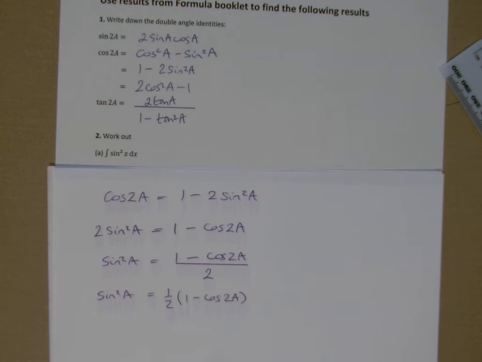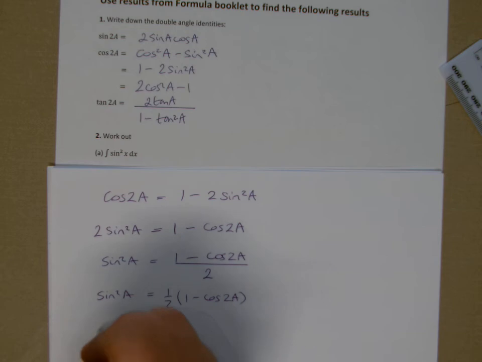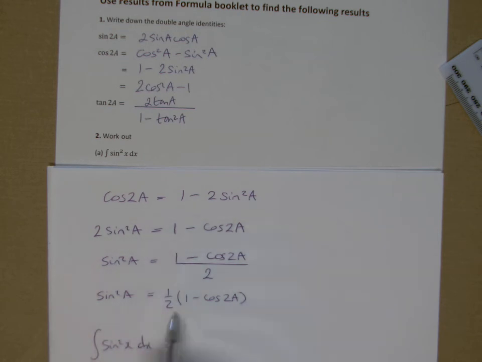So instead of dividing by 2, you can say times it by half. Dividing something by 2 is the same as timesing something by a half, and that's perhaps a better way of writing it. But what you'll notice is sine squared a is equal to this. So when you ask for the integral of sine squared x, instead of having to integrate sine squared x, we can just substitute it with this.